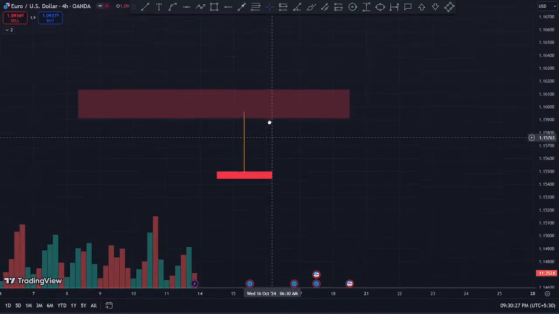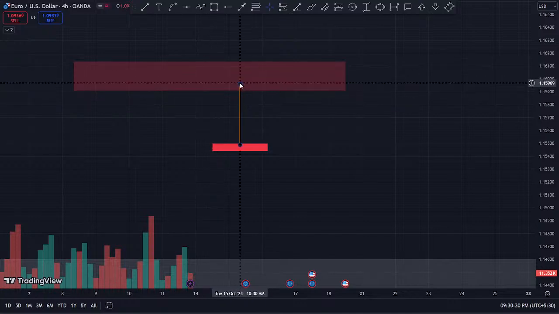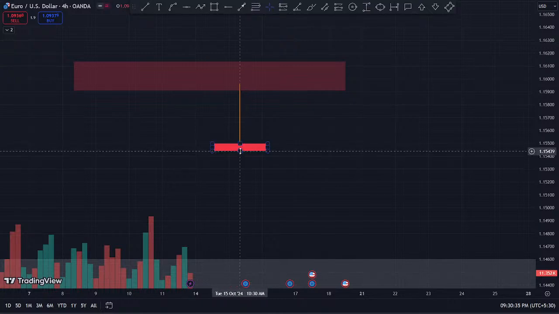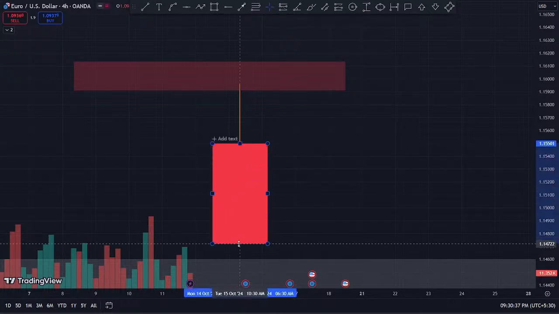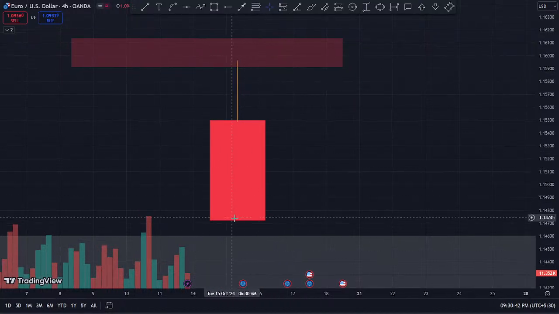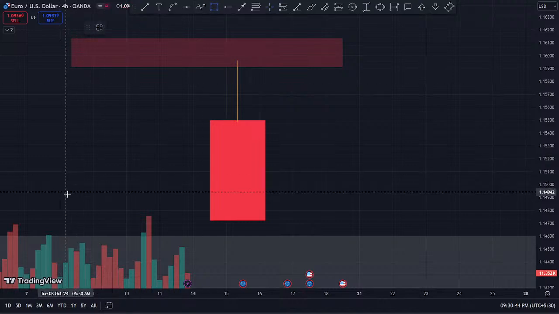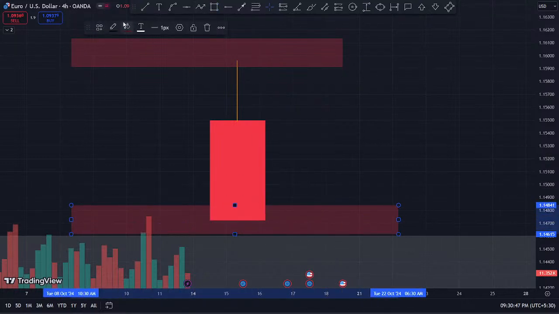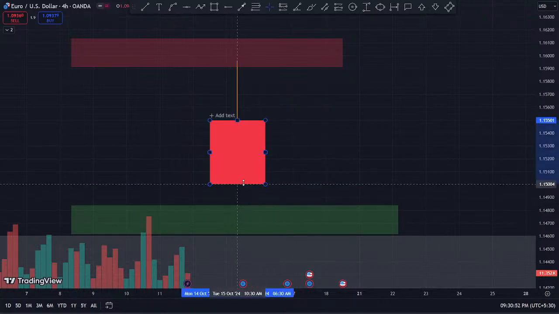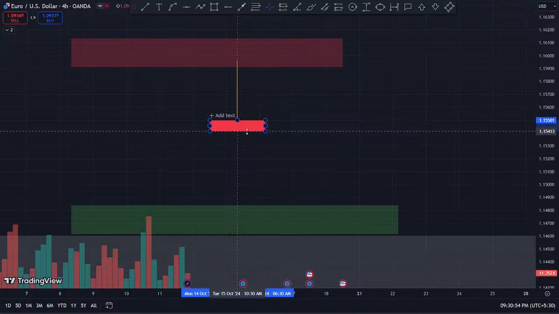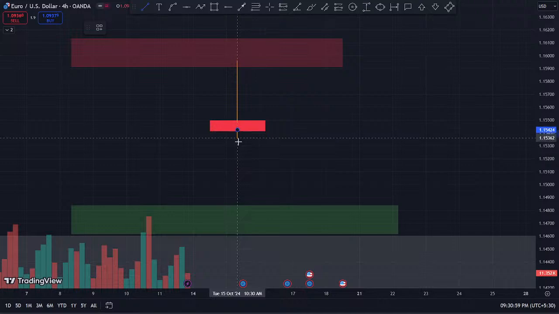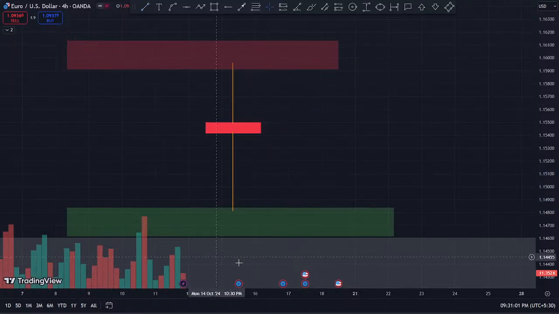The sellers were able to push the price all the way in the opposite direction, so now the price is way too low from the high, indicating bearishness. But what happens here? The market eventually shifts bullish. The buyers push all the way, price all the way back to where it started. So this is how a doji is formed.